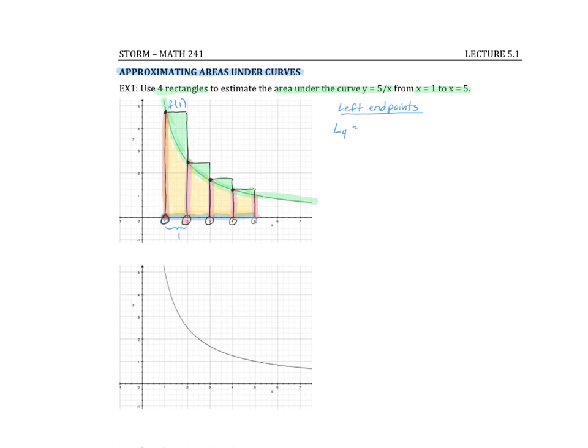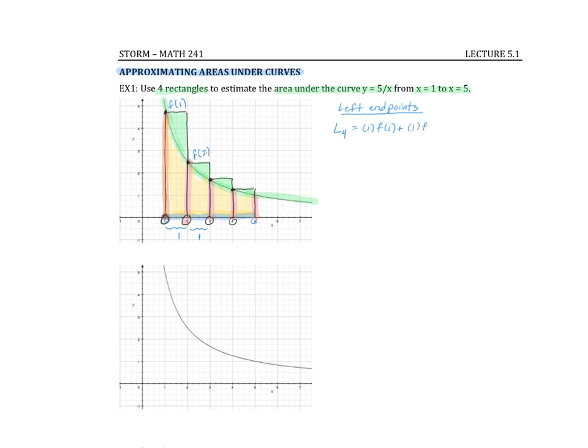So this area is going to be adding up the area of all these rectangles. So it's going to be the base times the height, plus, when I look at this second rectangle, the base is still the same, it's 1. The height is f of 2.